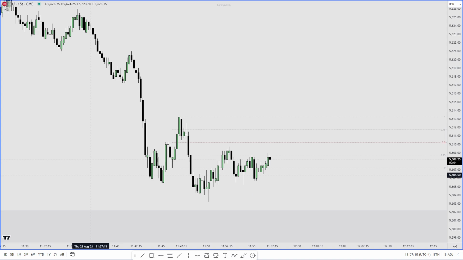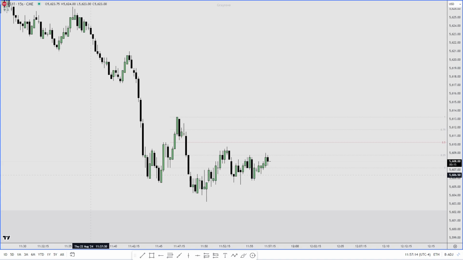These are the characteristics. Okay, right now we're just gonna consolidate. I think price is not doing anything for now. NQ, however, is trying to reach up into that 5 minutes fair value gap.